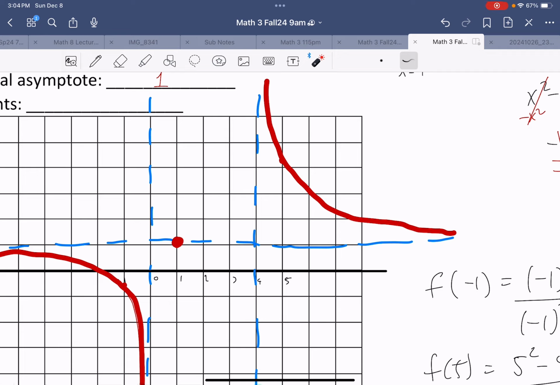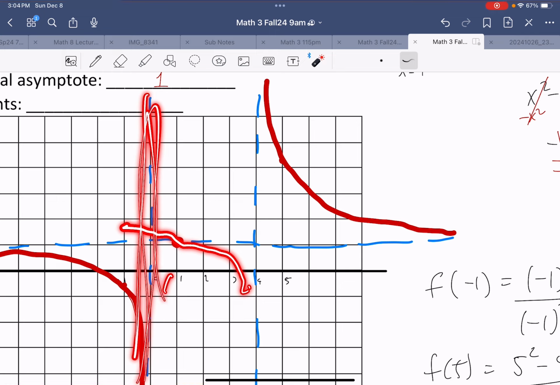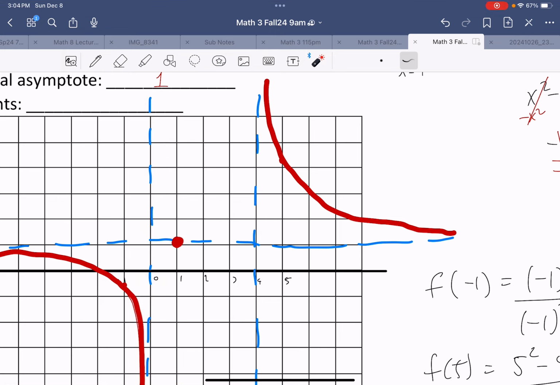I can't approach the horizontal asymptote infinitely, because then it would appear like I was going to cross the vertical, which I absolutely can't. So here, inside these two, it's either going to approach one of these vertical asymptotes from either above or below.